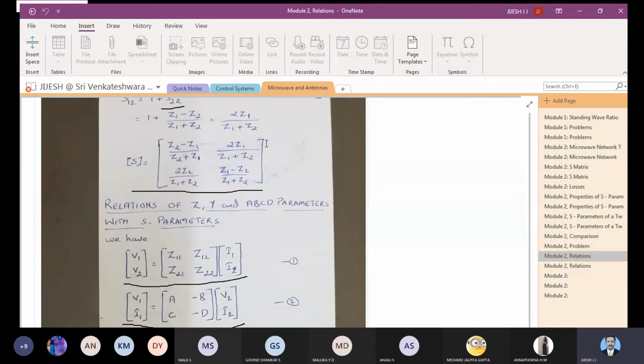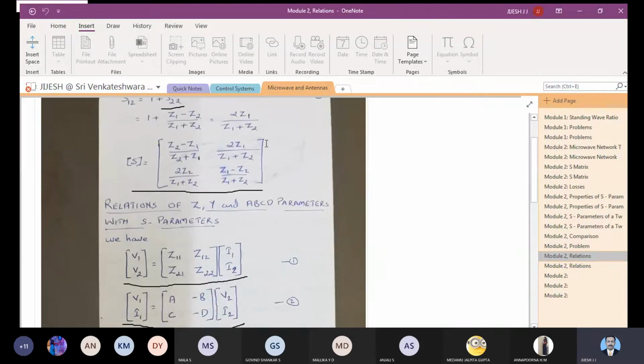If you have defined it in Z0 and ZL, you just need to follow the same things with small changes. Here you got Z2 minus Z1 divided by Z2 plus Z1, and 2Z1 divided by Z1 plus Z2, 2Z2 divided by Z1 plus Z2, and Z1 minus Z2 divided by Z1 plus Z2. This is what you got for matrix S.